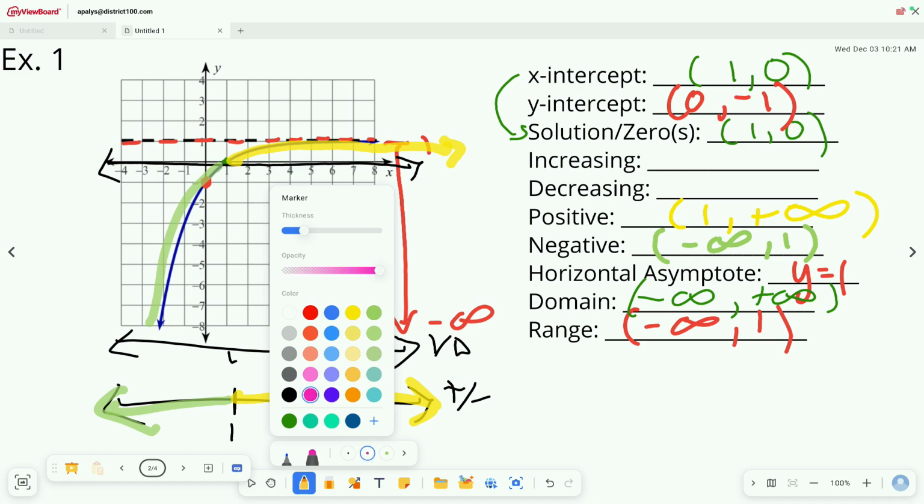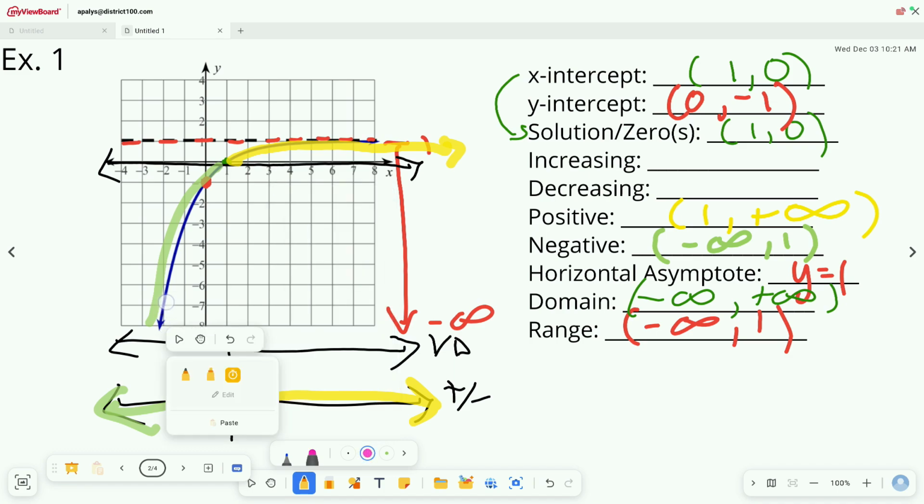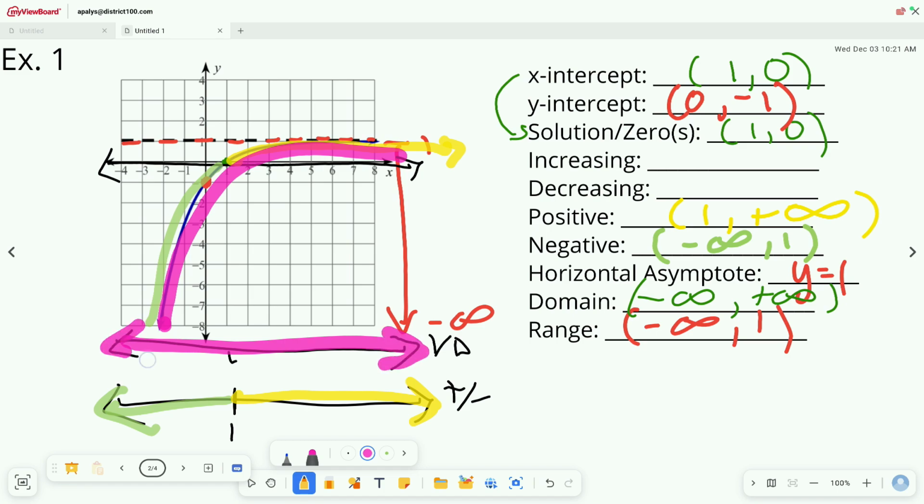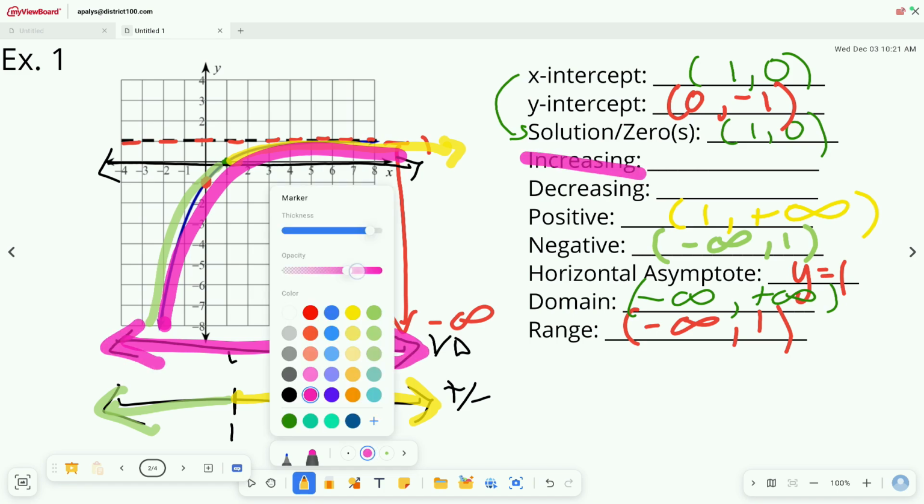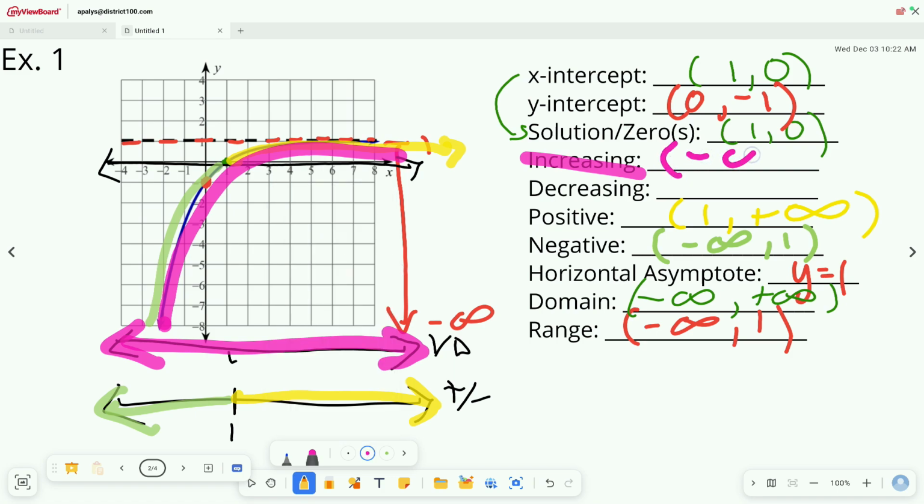All right, so from left to right, it's increasing the whole way. So from negative infinity to positive infinity.